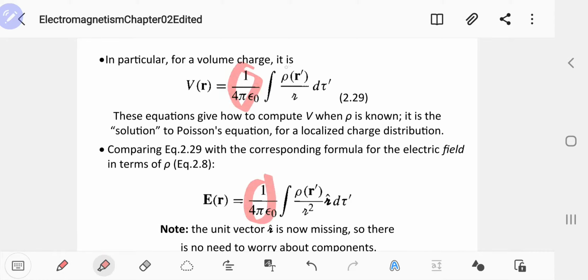Of course, you have the integral, you have the rho, you have d tau. And the thing that we notice is that there's no more direction in equation 2.29, unlike in this equation.